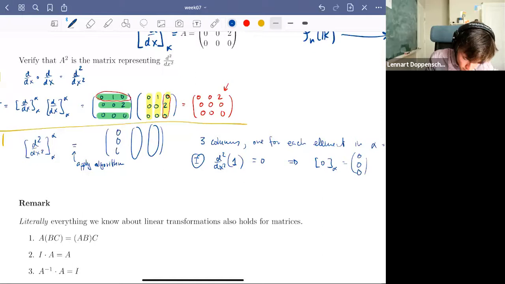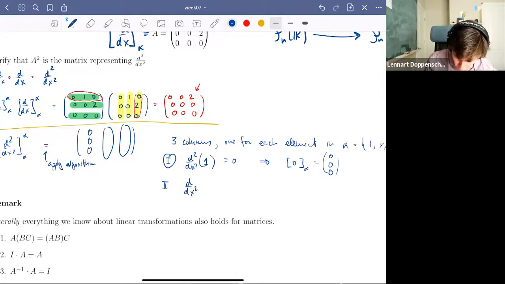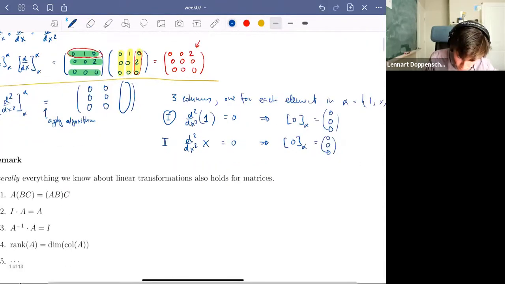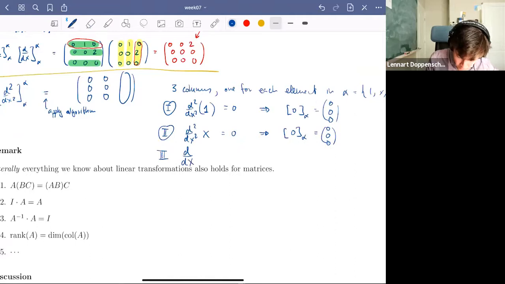Second one is the second derivative of the second basis element, which is x. This is also 0. So again, the coordinate vector of the 0 polynomial is 0. So the second one is also completely 0. And then last but not least, we get something interesting, because if we take the second derivative of x squared, this will be one derivative applied, which is 2x.